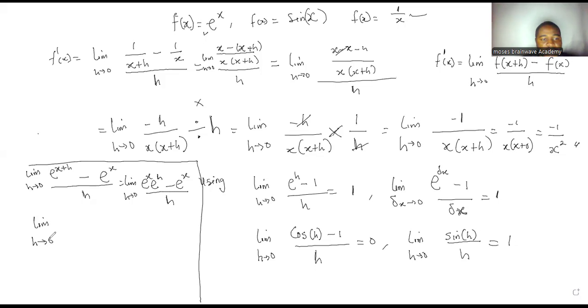h tends to 0. So here I can factor out exponential x into, we have exponential h minus 1, right? Minus 1, because we have exponential h over here, exponential x, which we have factored out. So we're left with 1 over here upon h, right?